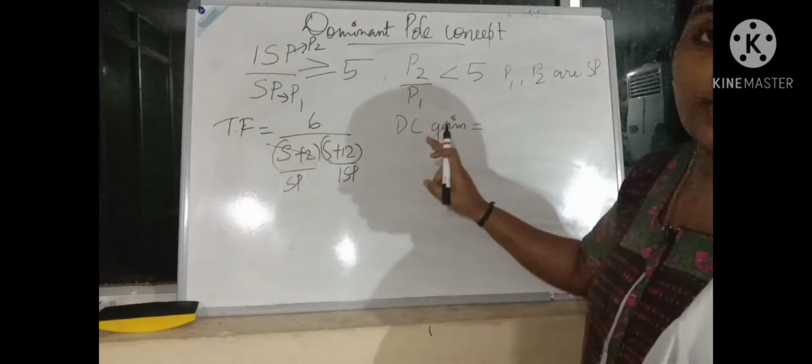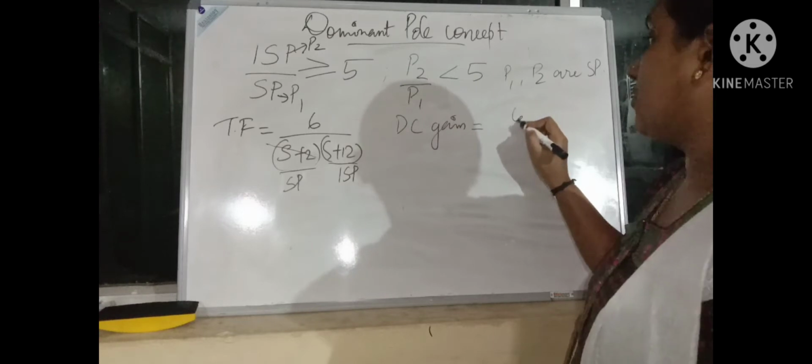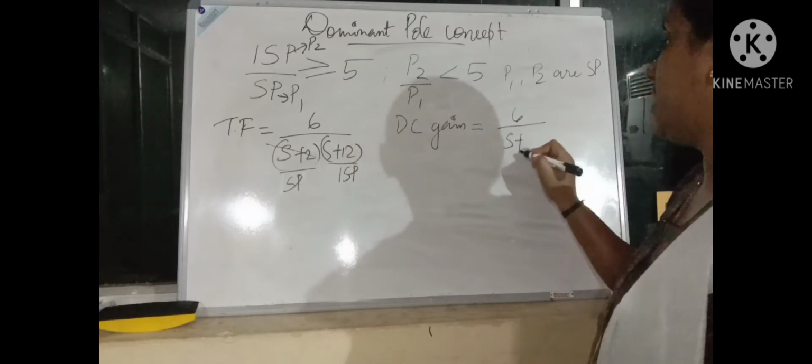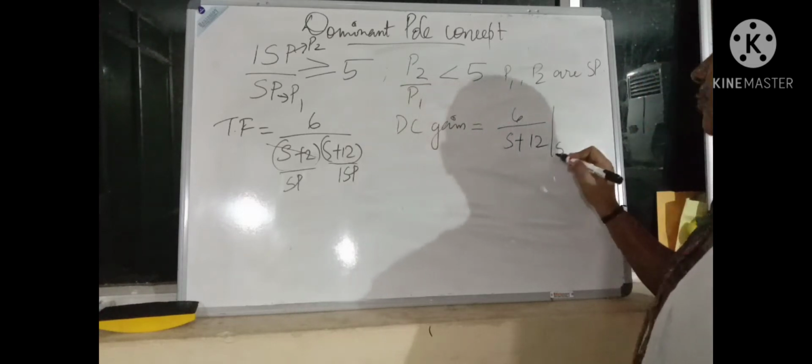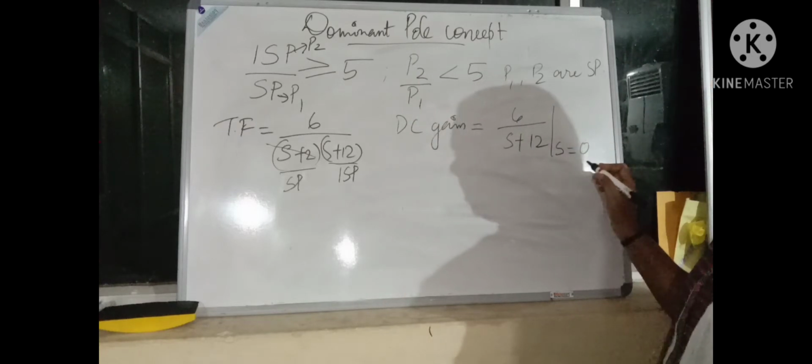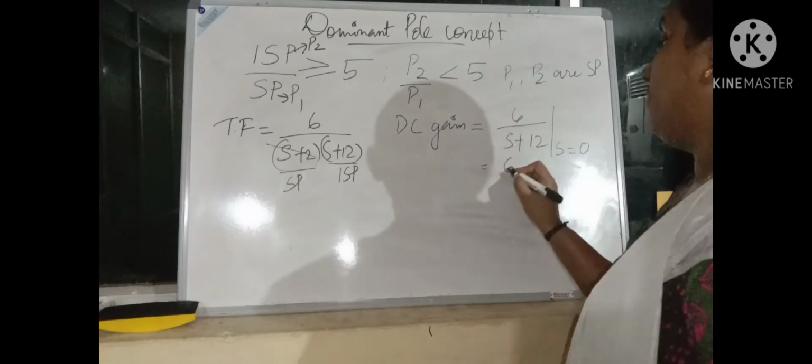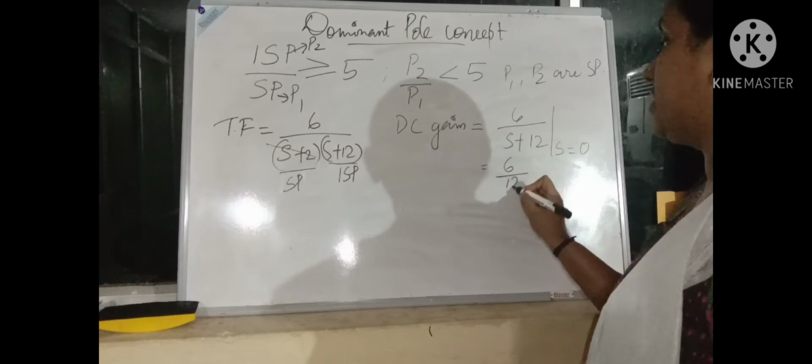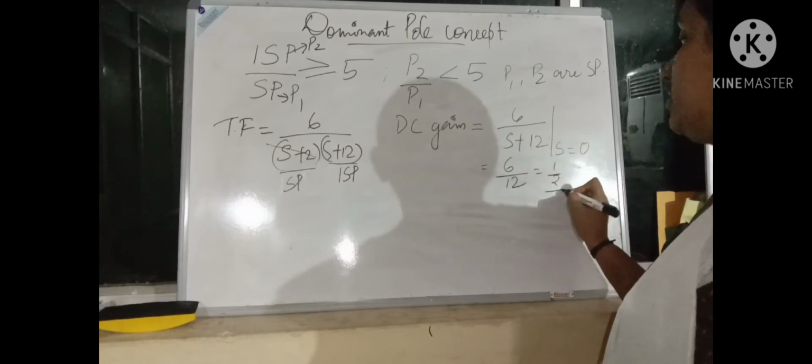So 6 by (s plus 12) should be evaluated with s equal to 0. We get 0 plus 12, that is 12, 6 by 12, which is 1 by 2. This is the answer.